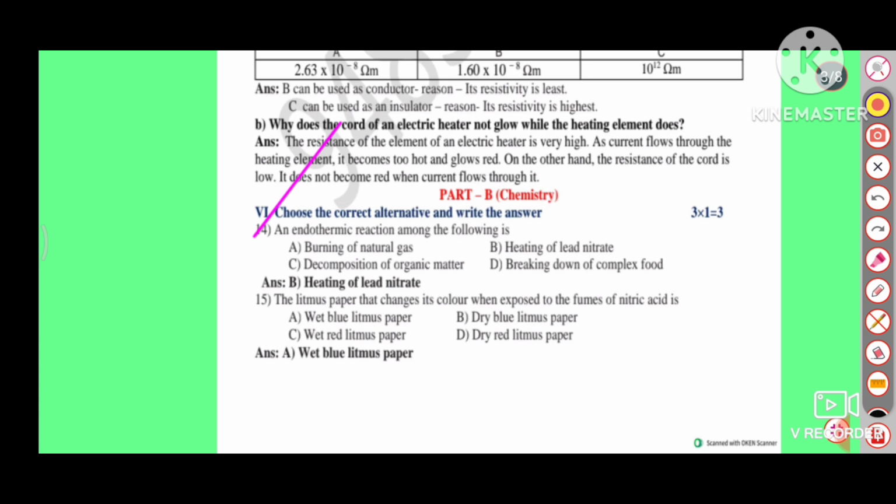Answer: heating of lead nitrate. 15th question: the litmus paper that changed its color when exposed to the fumes of nitric acid is: options are wet blue litmus paper, wet red litmus paper, dry blue litmus paper, dry red litmus paper. Answer: wet blue litmus paper.